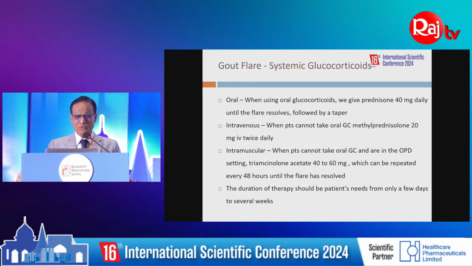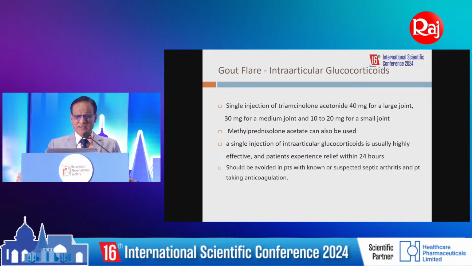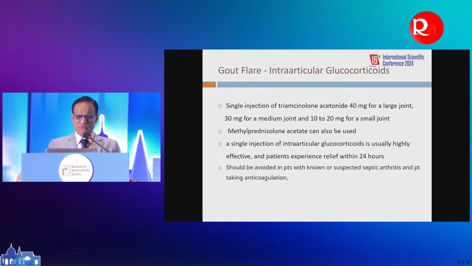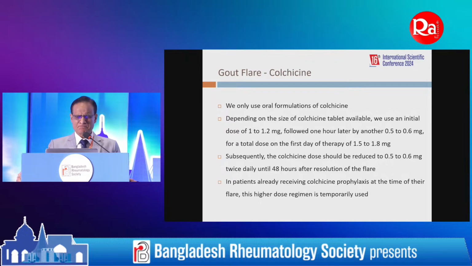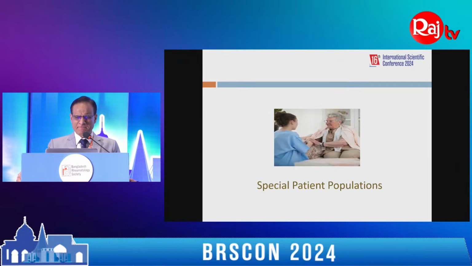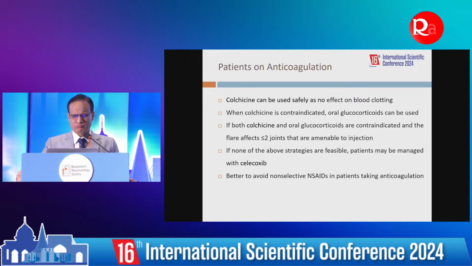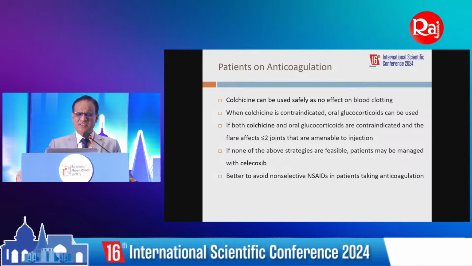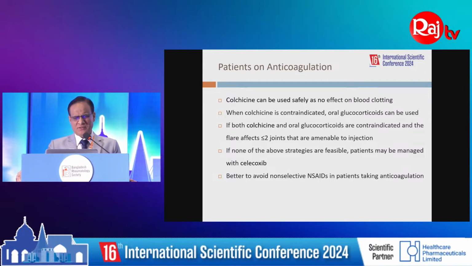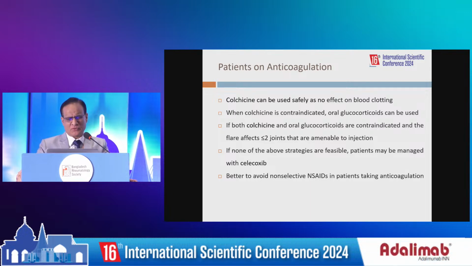Gout flare treatment, I would like to skip this slide. We may use glucocorticoid. I would like to show the last 2 to 3 slides for special situation groups. Patients on anticoagulation: colchicine can be used safely with no effect on blood clotting.